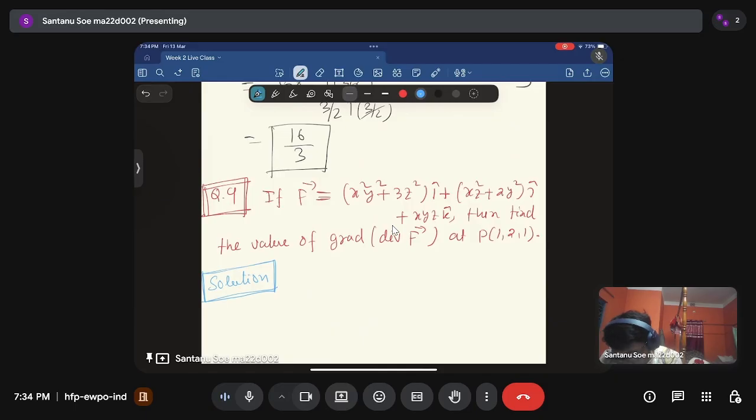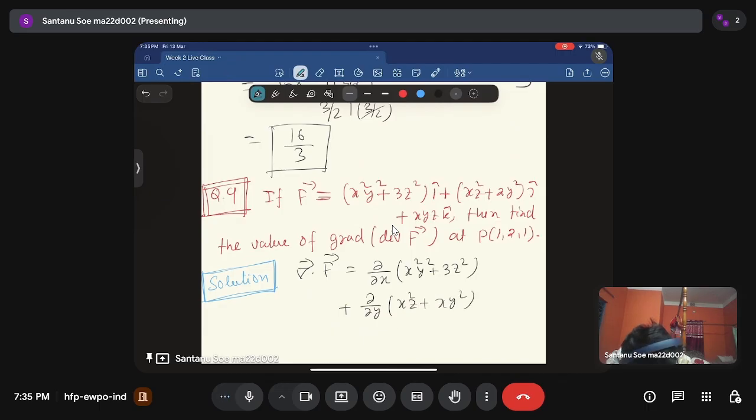So divergence of f is just del x of (x square y square plus 3z square) plus del y of (x square z plus xy square) plus del z of xyz, right?